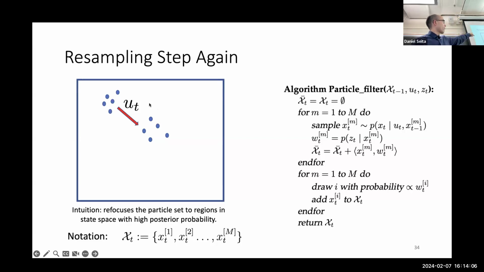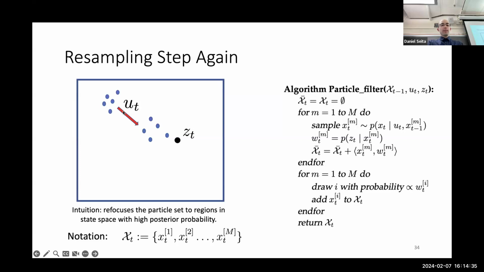And then when we do the resampling, the whole point of the resampling is to refocus the particle set in regions in the state space that have higher posterior probability. And the way that works is, remember that our inputs are the action or control ut, and zt, which is our observation.